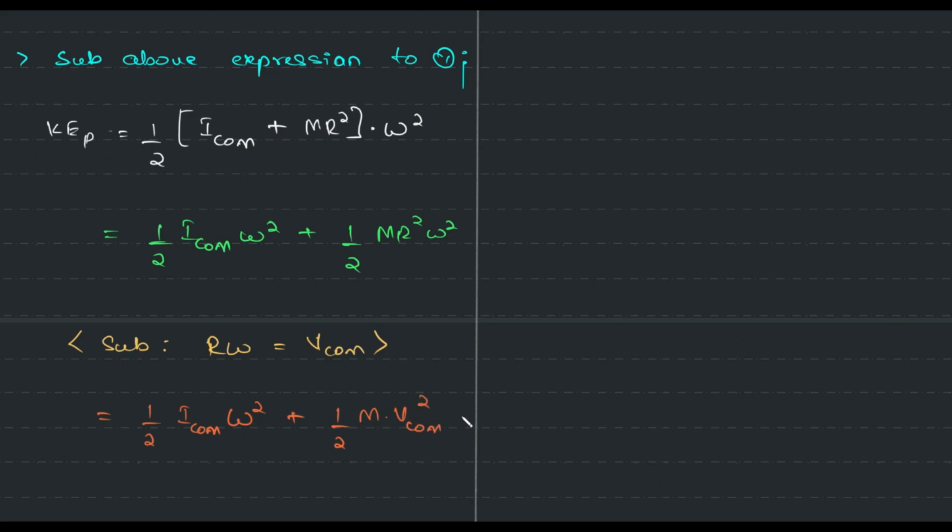This expression represents the kinetic energy of the center of mass. So this is your translational kinetic energy, and this is your rotational kinetic energy.